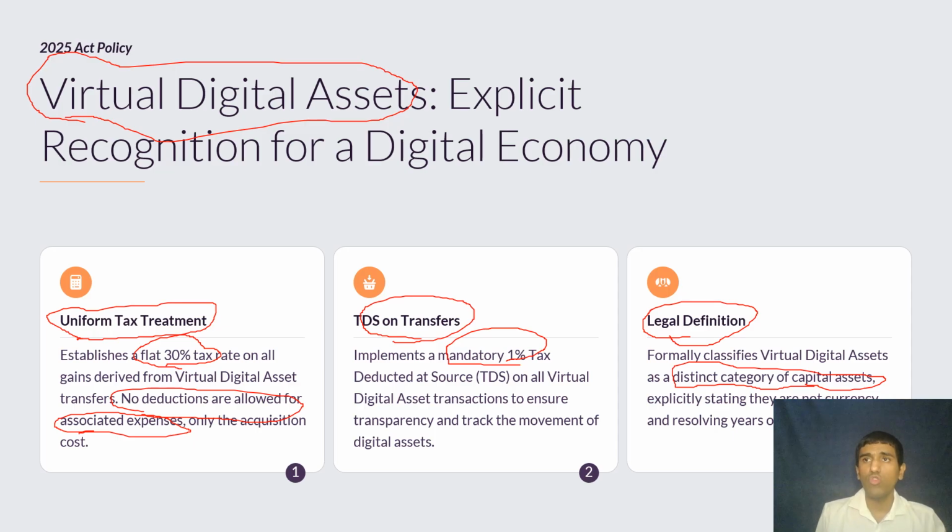Of course, VDAs usually mean Bitcoin and the like, but there was some confusion earlier. They used to be classified as currency, so there was a lot of confusion about whether they should be taxed or not. But now, this act has made it clear they are not a currency. They are assets in and of themselves, and transfers of VDAs are to be treated as transfers of any other capital asset. So years of confusion are resolved because of this.